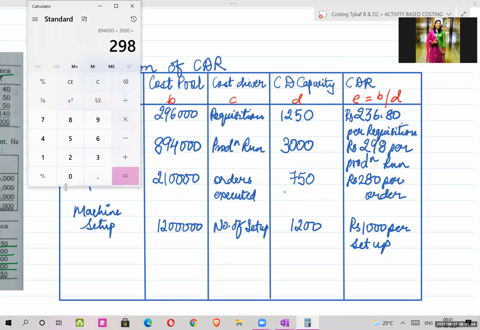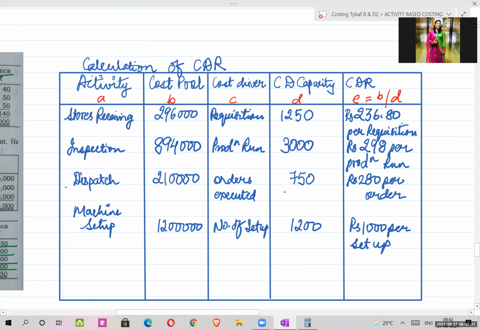Next, 2,10,000 divided by 750. So 280 per order, because the cost driver is orders executed. Next, 12 lakhs divided by 1200. So it is 1000 per setup, because the cost driver is number of setups. Am I clear about the calculation of cost driver rate? Is it clear to everyone?